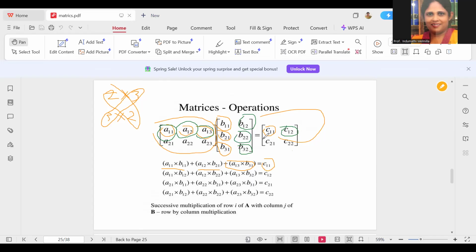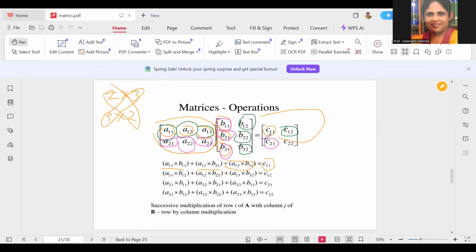For the third element, we have to move to the second row, right? That means we multiply A21 and B11, then add A22 multiplied by B21 and add A23 multiplied by B31. Okay, so that is this one.